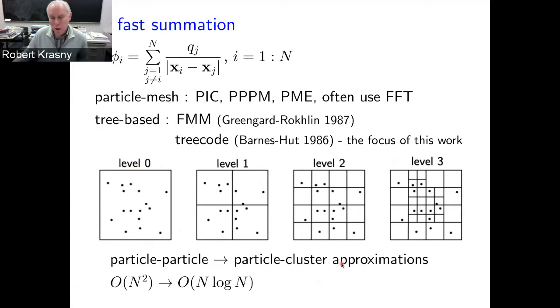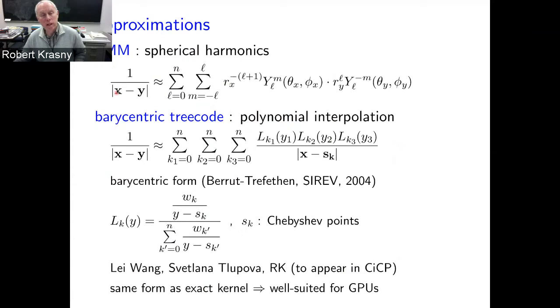Let me say more about how these approximations are done, and I'll give 2 examples. The fast multipole method traditionally used spherical harmonics. The Coulomb potential, with a target x and a source y, can be written this way. There's a double sum over indices.